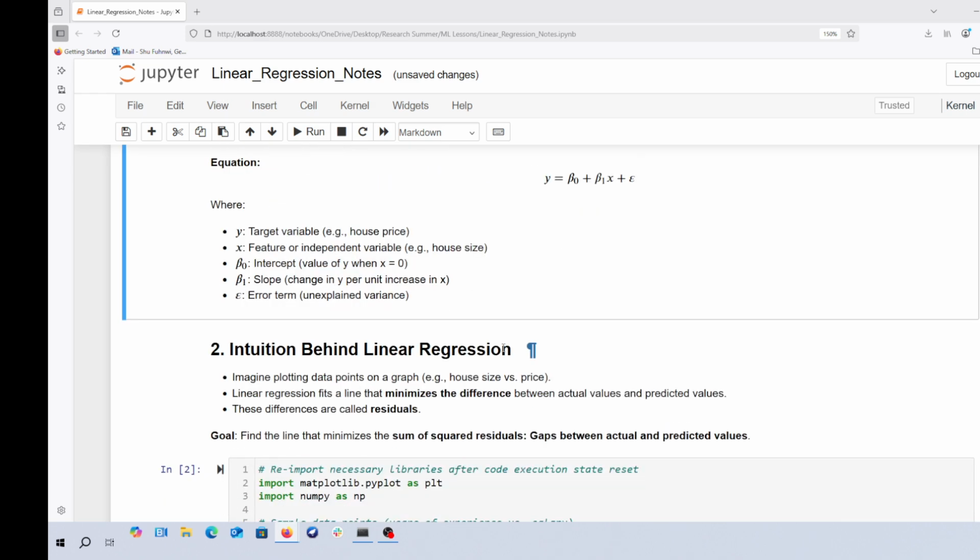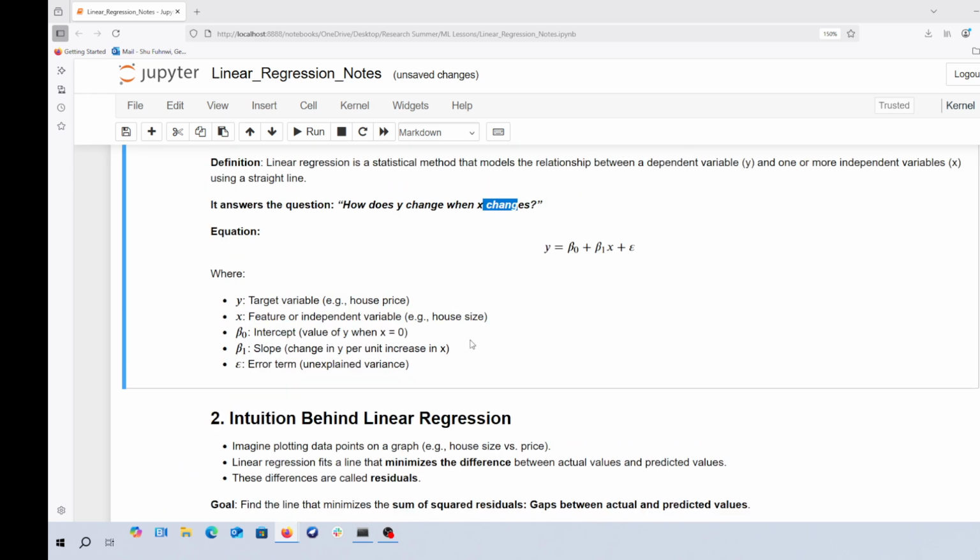Because when we plot a graph, we can interpret this kind of question, especially for graphs that we've seen mostly, like the graph of y equals mx plus c, which is a straight line graph.